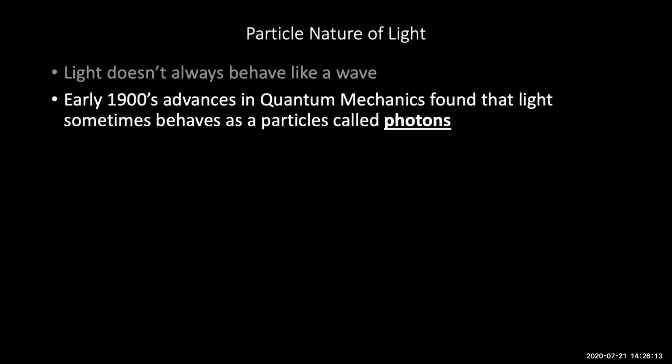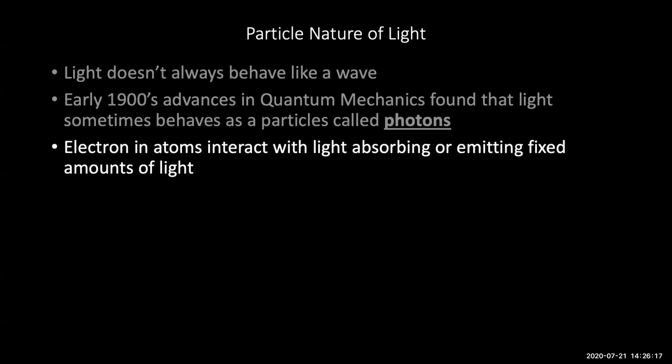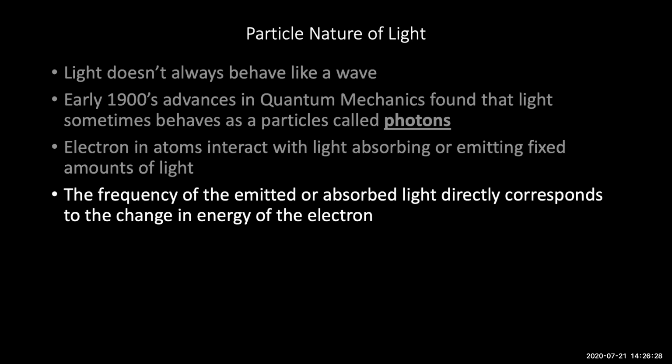So here, atoms and the electrons in the atom specifically are going to interact with the light, and they're going to absorb and emit fixed amounts of light. And the frequency now is not a wave frequency, but it corresponds to the change in energy in your electron. Remember, high frequency is high energy, low frequency is low energy.